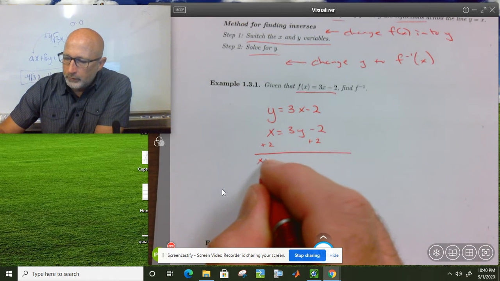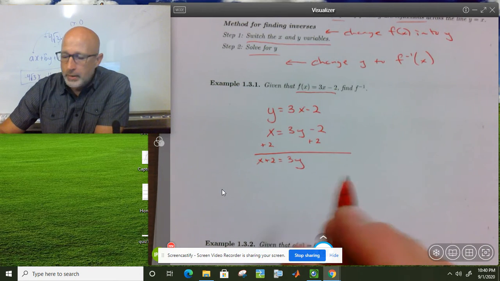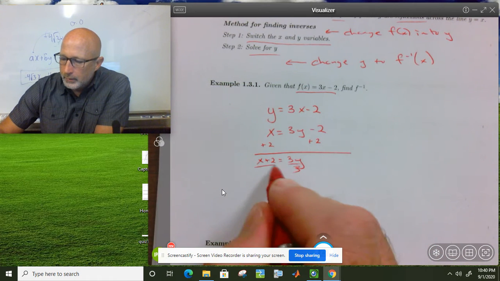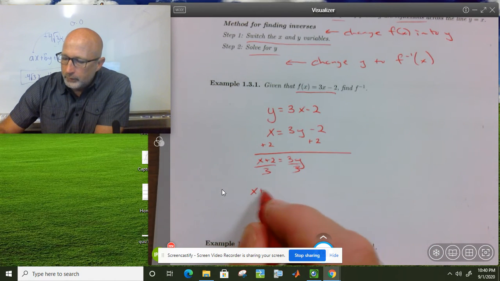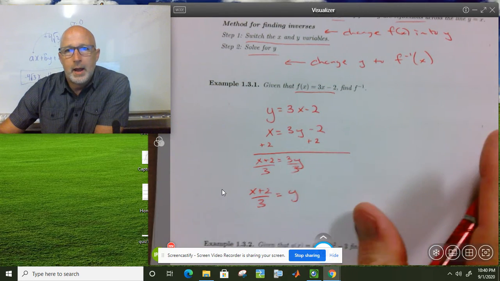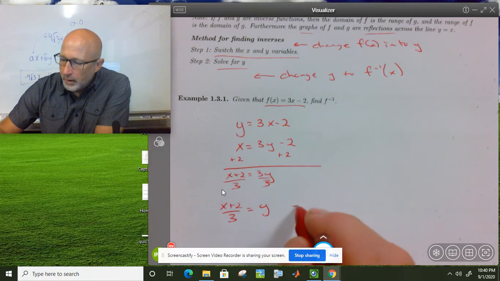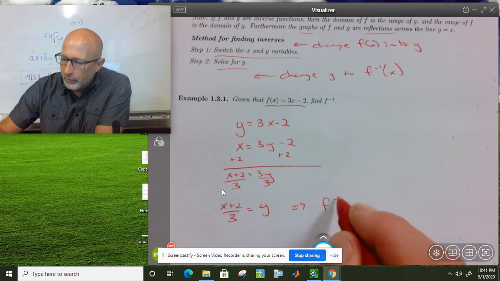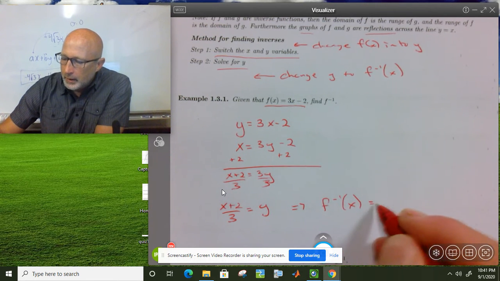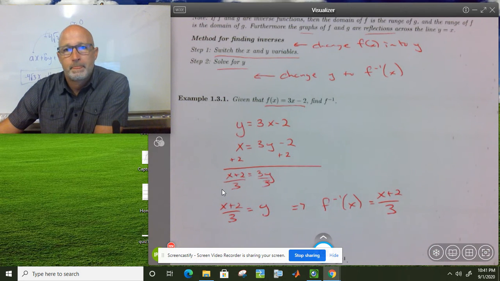So I have x plus 2 is equal to 3y. And then divide both sides by 3. So I have x plus 2 all over 3 is equal to y. And now, like I said, we're going to change the y into f inverse. Therefore, the inverse function of f is equal to x plus 2 all over 3.